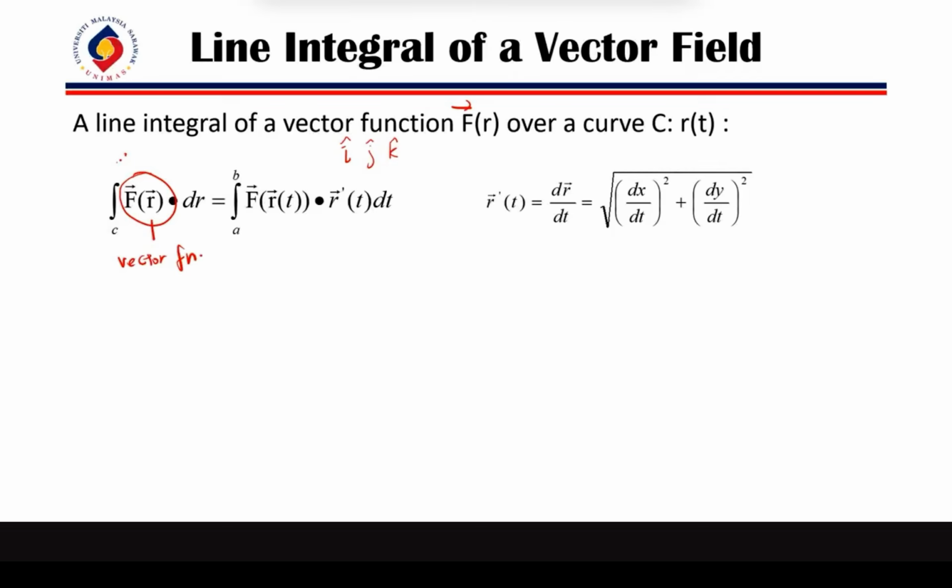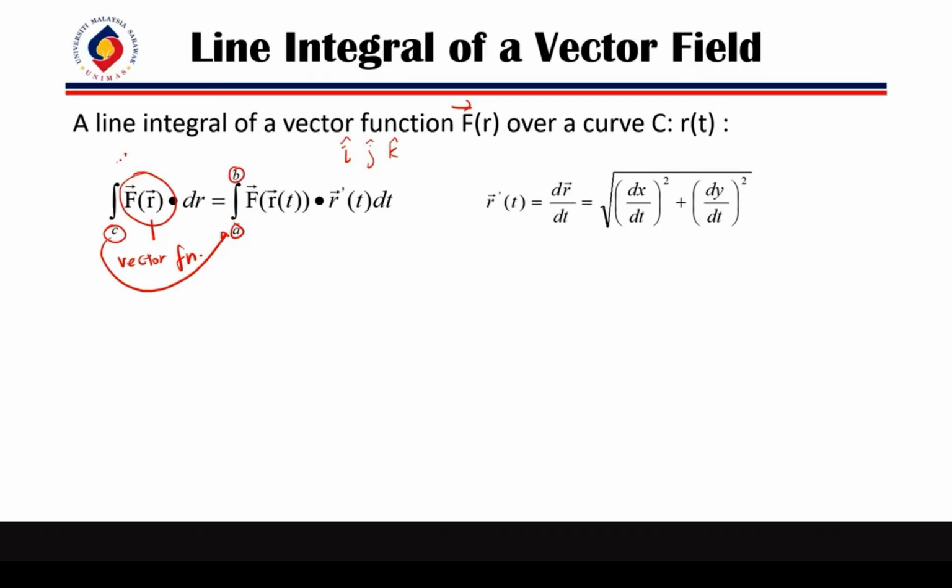And we have to convert or transform the integral over the path, the curve C here, to a definite integral from A to B. Only when we transform or convert the integral can we solve this integral problem.